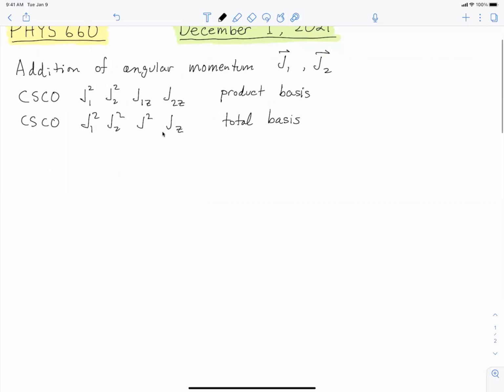So the way we write this schematically is that we say we're taking the product of two angular momenta J1 and J2.